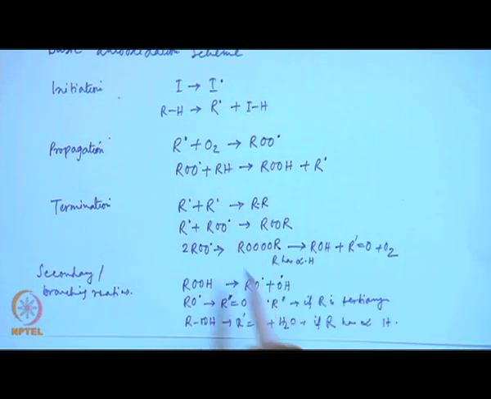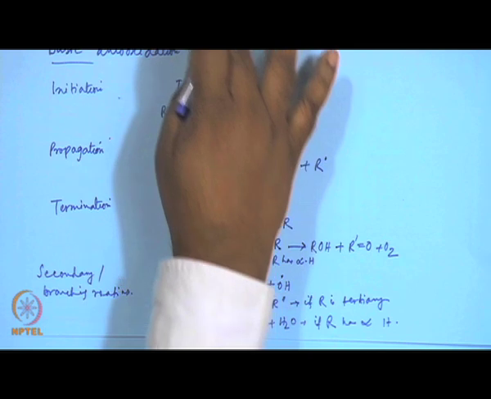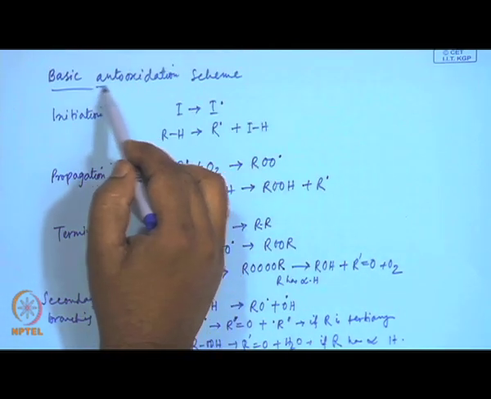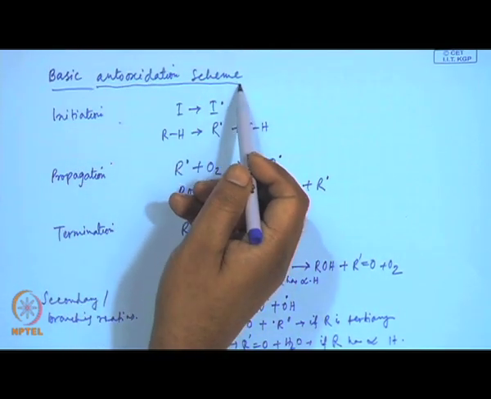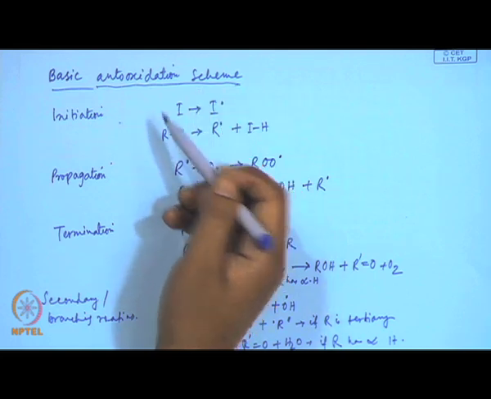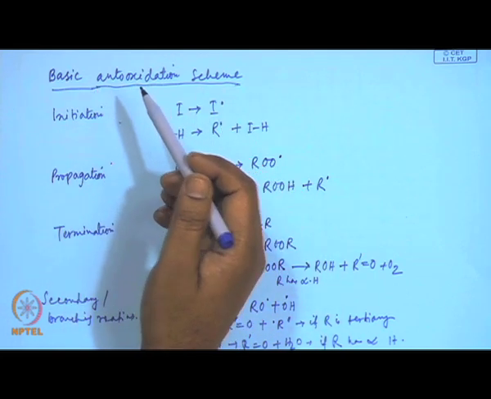So, these are the basic auto oxidation mechanisms by which oxidative degradation might happen. As you can see, it's a radical process.